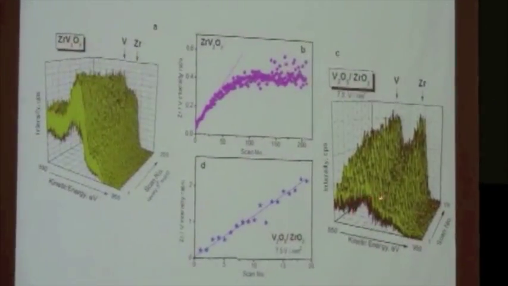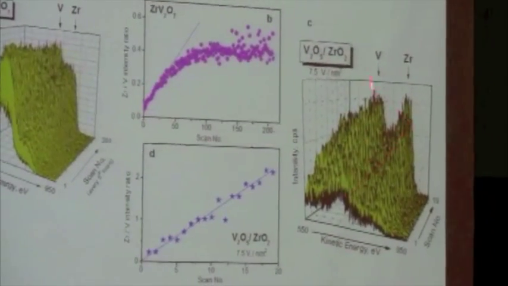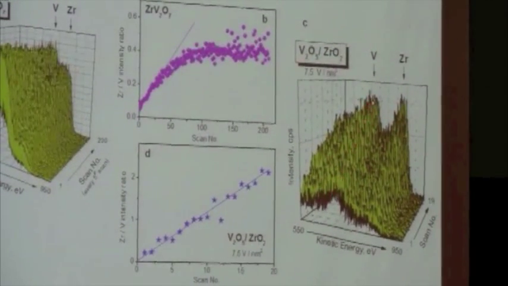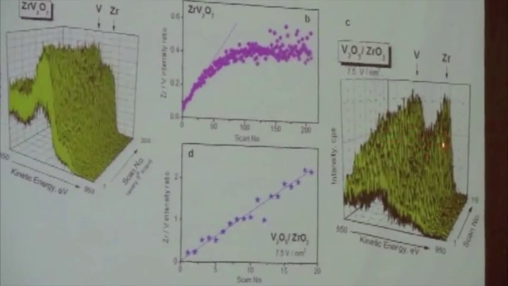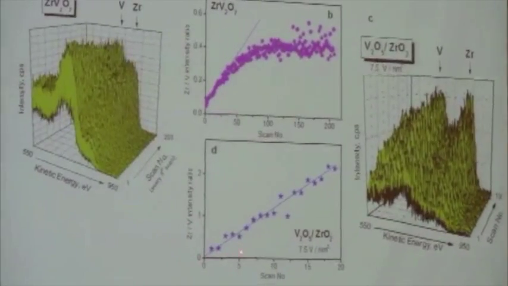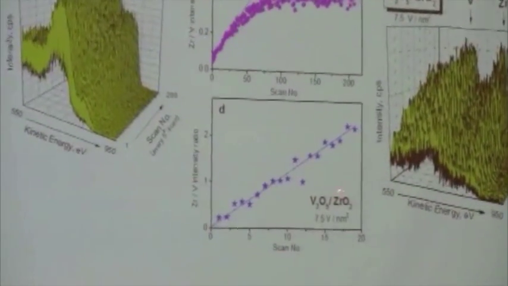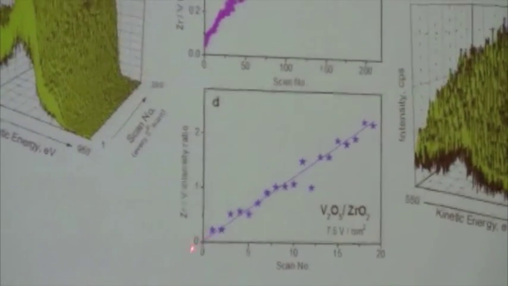Notice as I start sputtering, the zirconia signal comes up, because I'm knocking away the vanadium, and here's the vanadium signal. If I take the ratio of these two peaks, quantitatively integrate these peaks, and plot the zirconium to vanadium, now at the beginning, if I really did have a monolayer, these data points should go through the origin, 0, which it almost does.